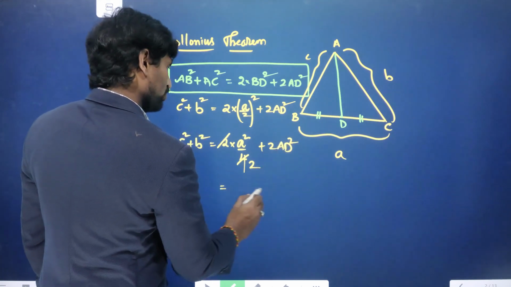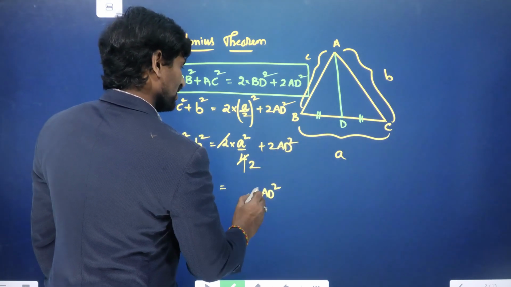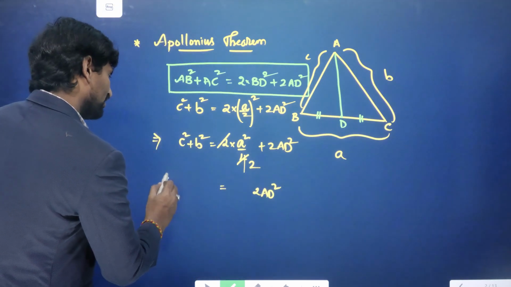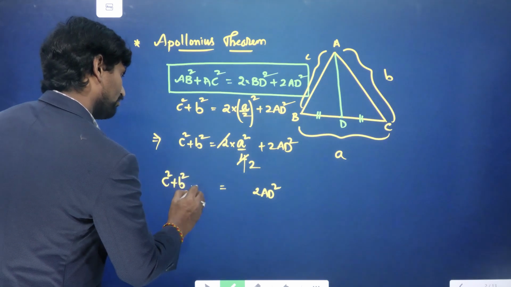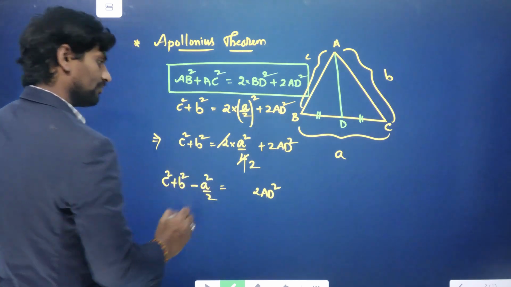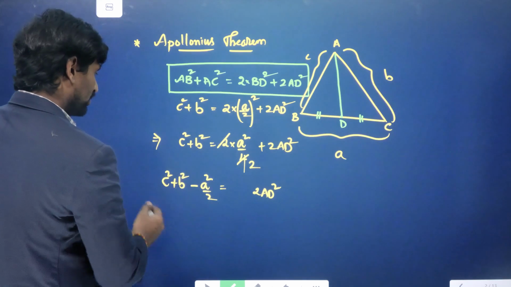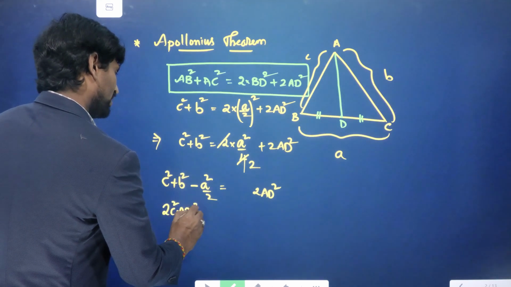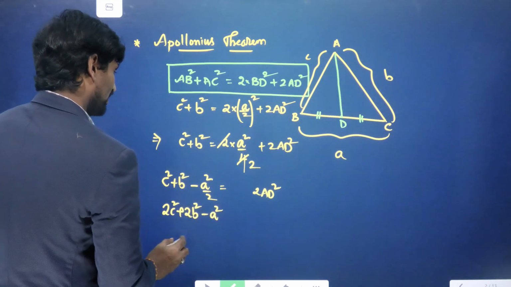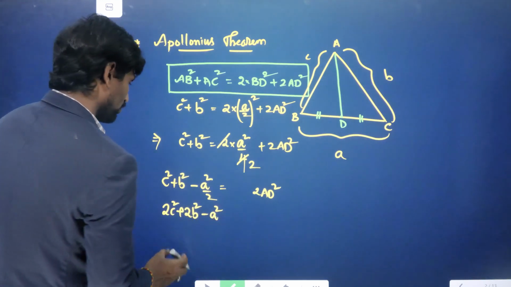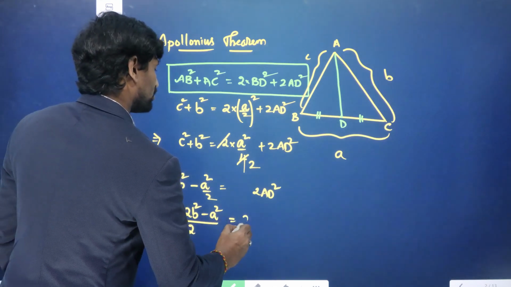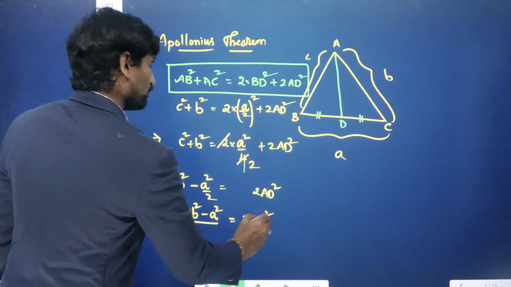We need to find only the length of AD square. So let us transpose A square by 2 to the left hand side. That will be C square plus B square minus A square by 2. So try to do the LCM. It will be 2C square plus 2B square minus A square divided by 2 equals 2 times AD square.